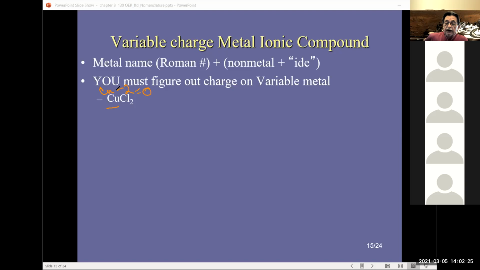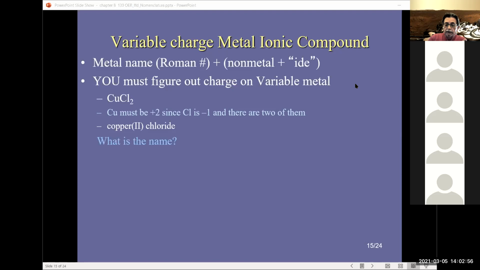So that means that I must be using a +2 copper here. And if that's the case, then it's copper, Roman numeral 2, chloride. By knowing what the charge is on my partner, which is the chlorides. And so that's the name, copper 2 chloride.